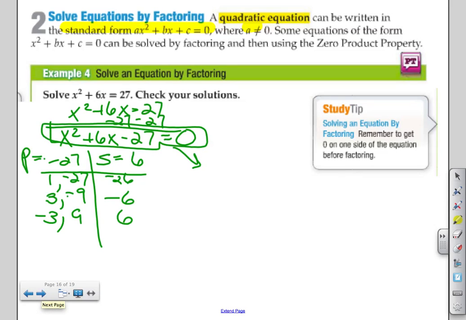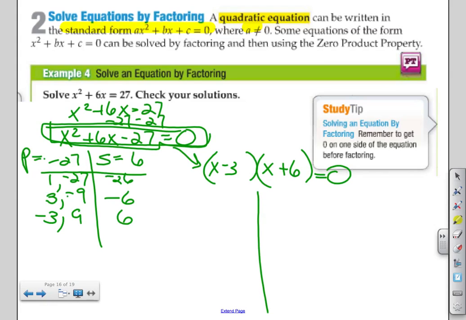This, that's in standard form, is x minus 3 and x plus 6. I'm going to set those equal to 0. I factored that quadratic and put it equal to 0, and now I'm going to find the roots.